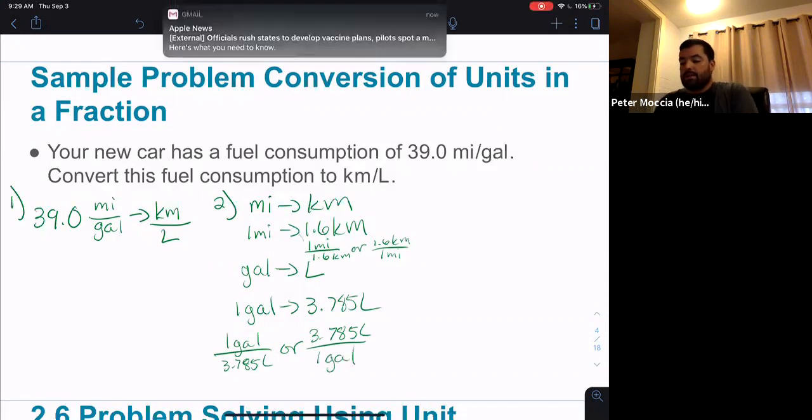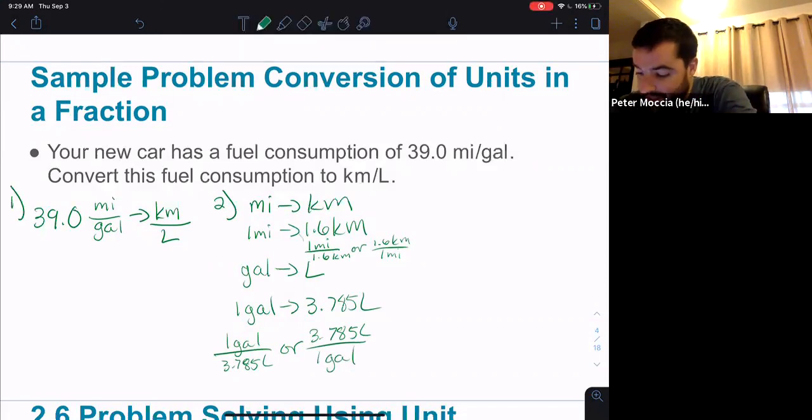Okay, so now to cancel out miles, I know that I'm going to have to use the factor where miles is on the bottom because it's on the top here. Now to cancel out gallons, gallons is on the bottom here. So I'm going to have to use the factor where gallons is on the top. Okay? So to cancel it out.